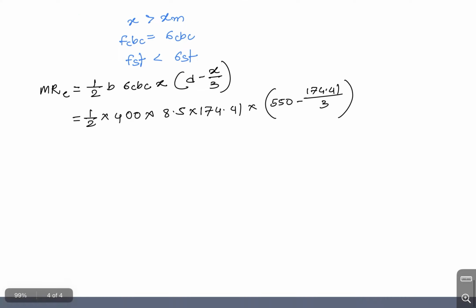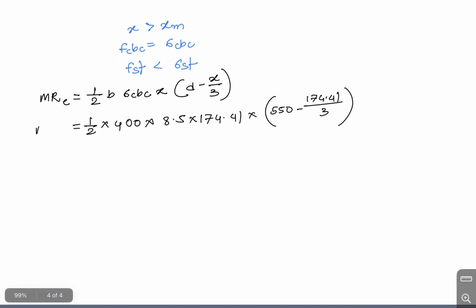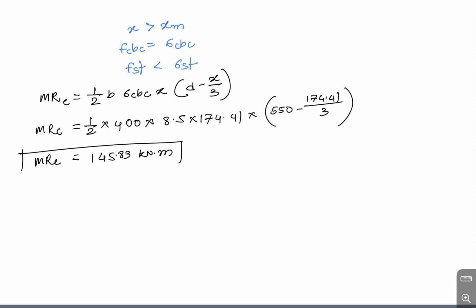So your MR in compression will calculate to 145.83 kilonewton meter. Very straightforward calculation. This is one of the easiest calculations that we have understood.